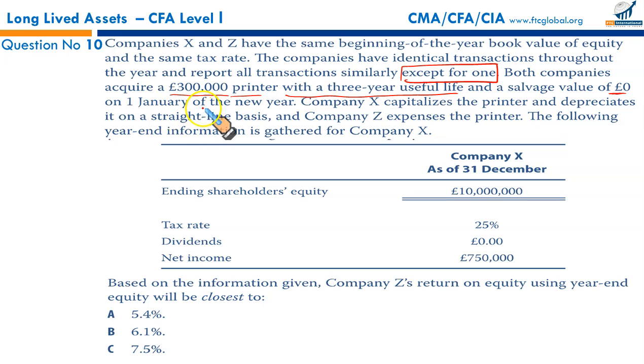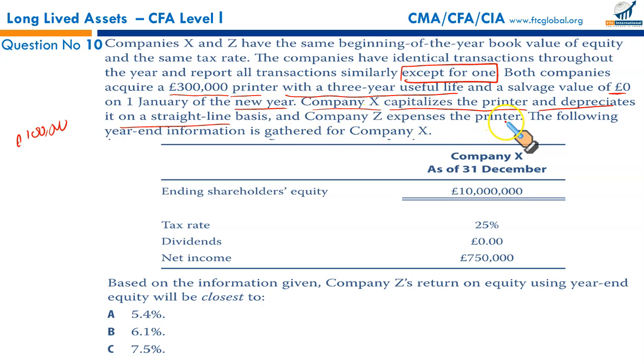On January 1st of the new year, Company X capitalizes the printer and depreciates it on a straight line basis, £300,000 with zero salvage value, split over 3 years in equal installments, meaning every year depreciation will be £100,000.